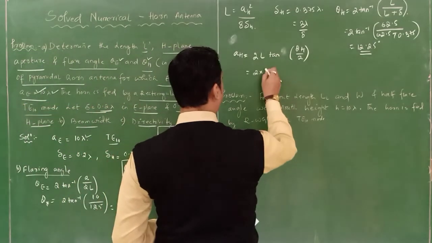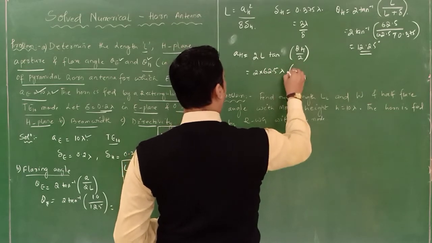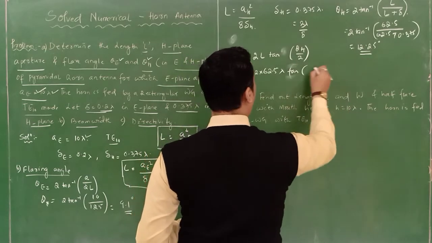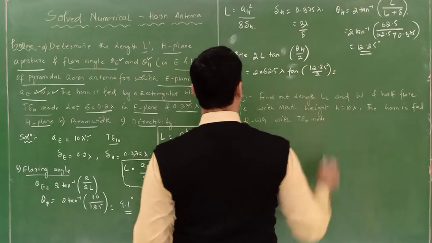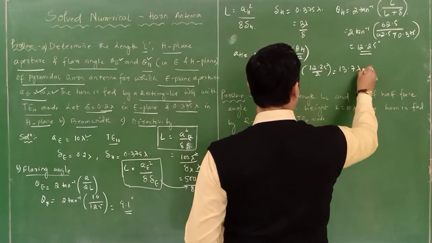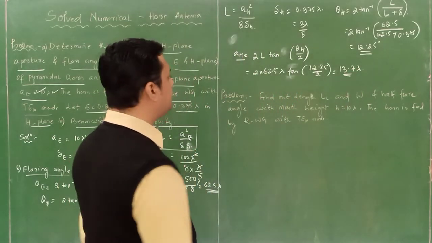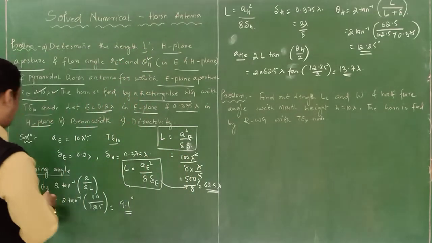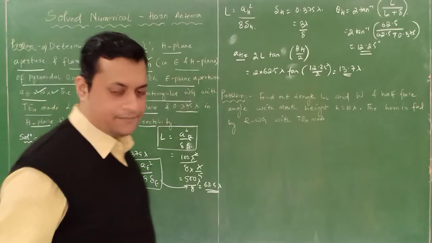So you have to substitute that: 62.5 lambda times tan of theta H, 12.25 divided by 2. If you solve this, your AH will be 13.7 lambda. So once AH is known, you can easily go for determination of half power beamwidth, because in that AH and AE play a vital role. So that we will see.